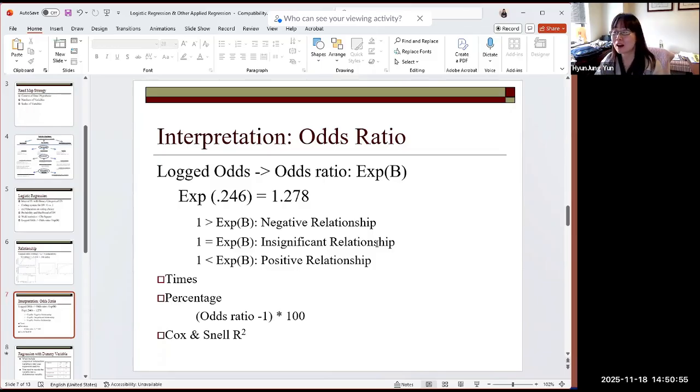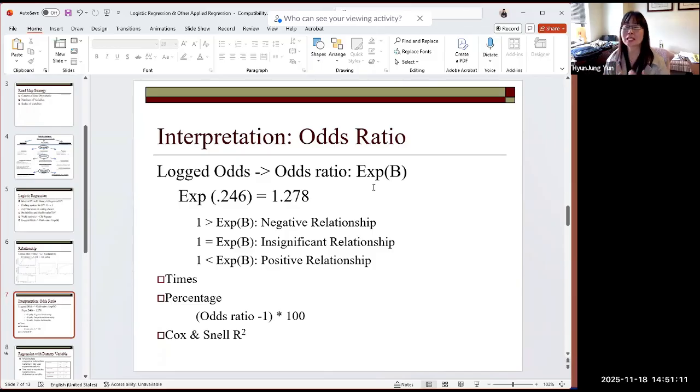If the odds ratio is 1, it's flat, so that means there's no relationship at all. If the exponential value is less than one, that is a negative relationship.